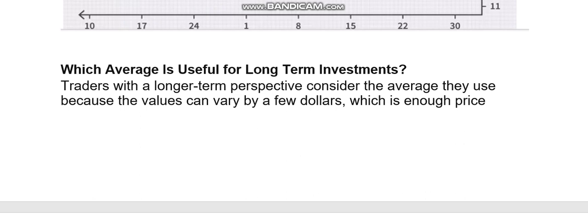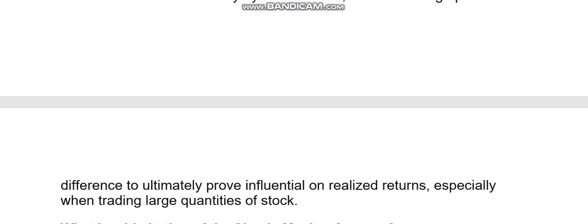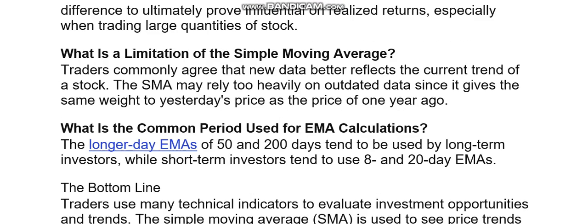Which average is useful for long-term investments? Traders with a longer term perspective consider the average they use carefully because the values can vary by a few dollars, which is enough price difference to ultimately prove influential on realized returns, especially when trading large quantities of stock.